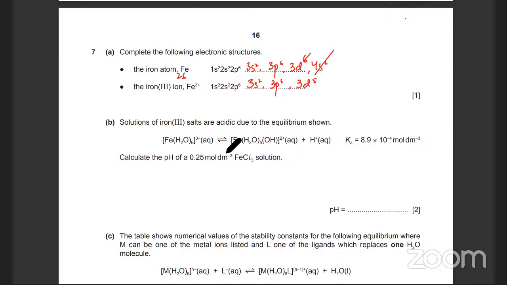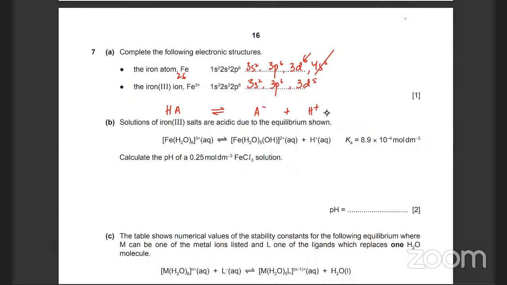Then it says calculate the pH of 0.25 mole per dm cube FeCl3 solution. So remember, all acids dissociate, ionize, and they produce an A minus ion and an H plus ion. So Ka is products over reactants.